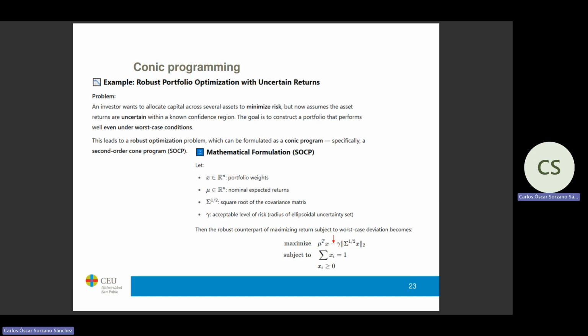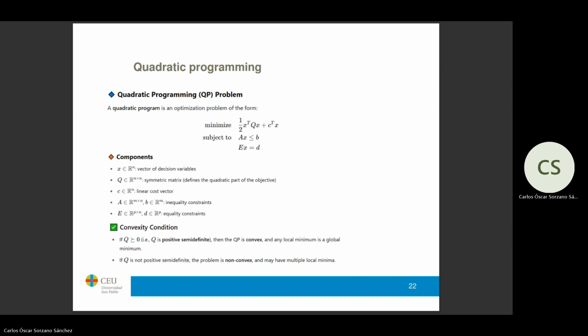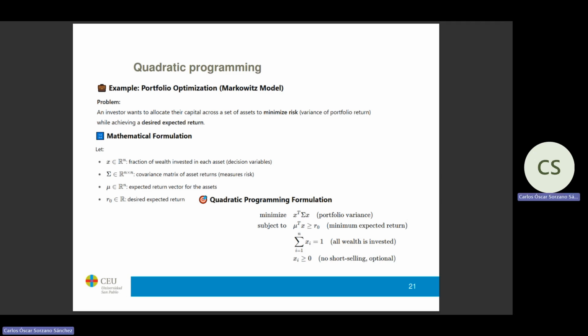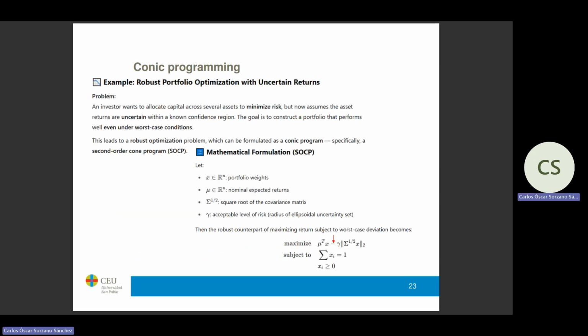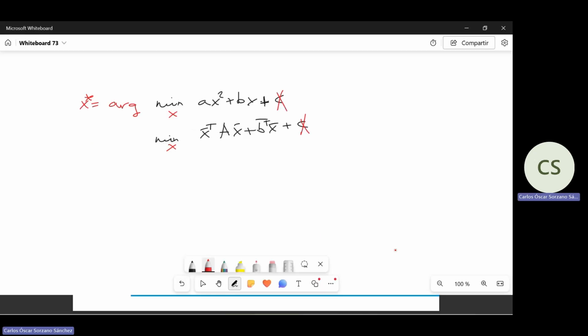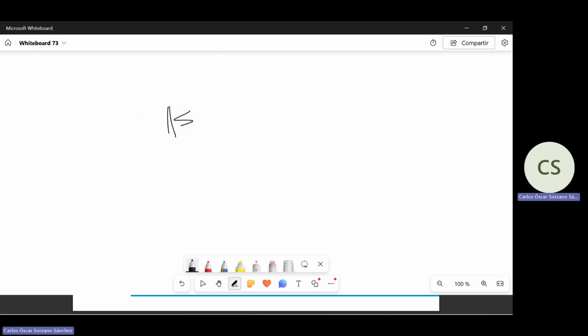So this one was the same as this one, as before. So why is this thing the same? Okay, so we have written sigma to the one half times x, then the square.